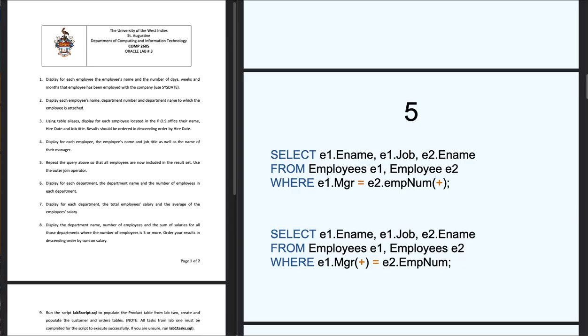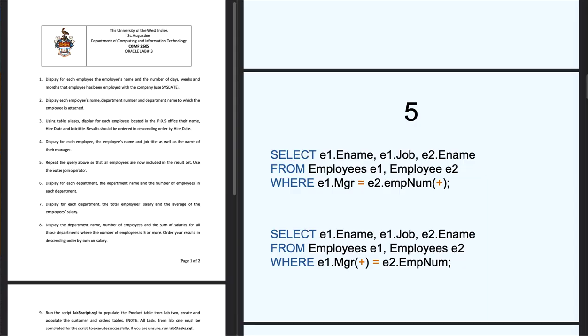First, select e1.ename, e1.job, e2.ename from employees e1, employees e2, where e1.manager equals e2.empnum. Second, the same select, but with the plus operator on the other side of the condition.